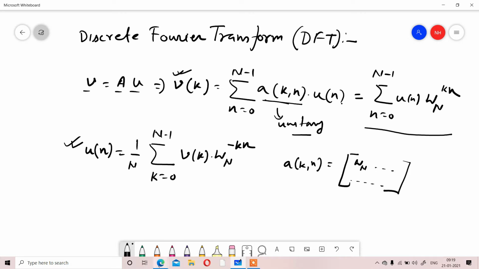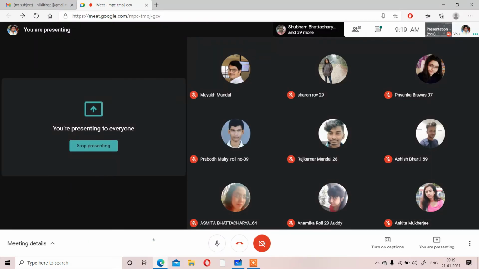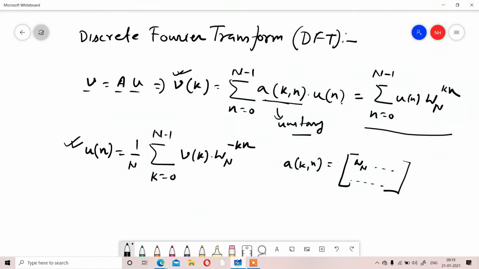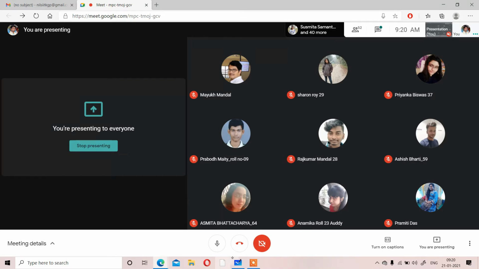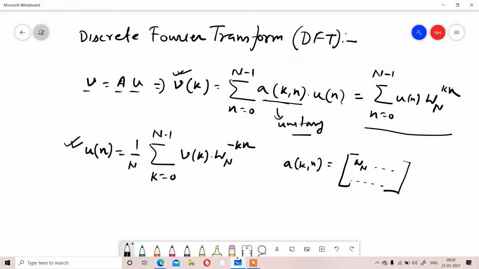Now it is proved that if we try to calculate whether the matrix we are getting from the discrete Fourier transform expression is unitary or not, then we have seen that it is not unitary.